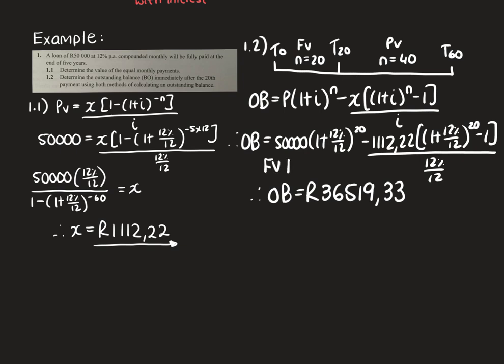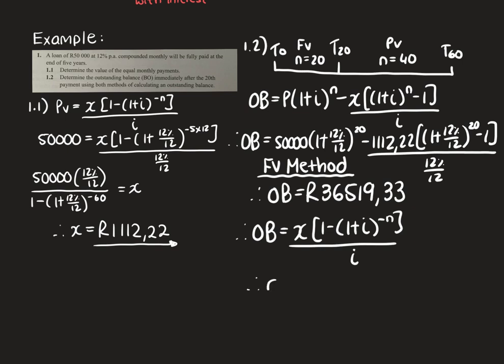Okay, that is obviously my future value method, right? Let's just put a little bit of a heading there just to know that we're doing that. Okay, the next one is going to be my present value method, and that is going to be outstanding balance equals X, and then it's just my present value annuity formula.